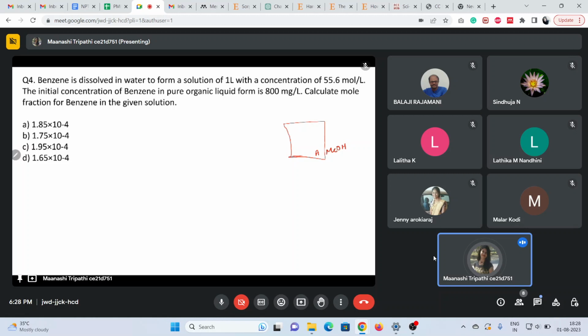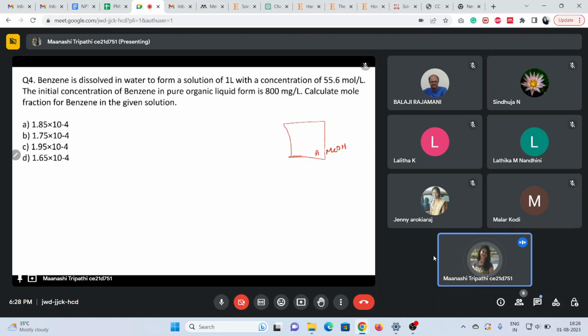So this is a water matrix. Volume is 1 liter, and here the concentration of benzene is 55.6 moles per liter. We want to calculate the mole fraction of benzene in the given solution, which here is water.